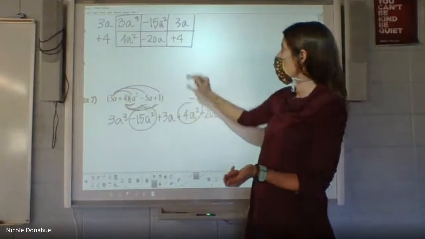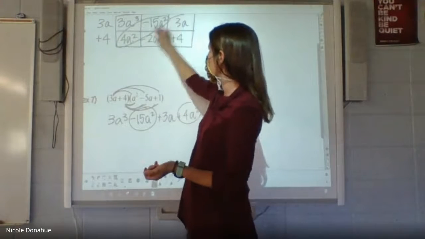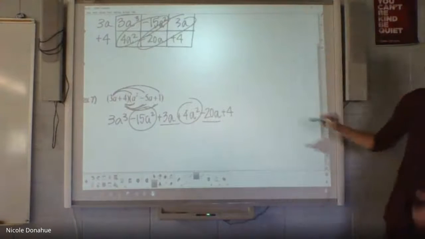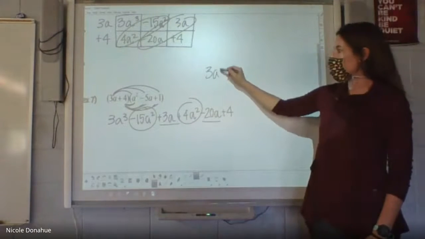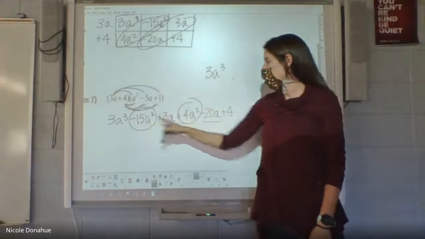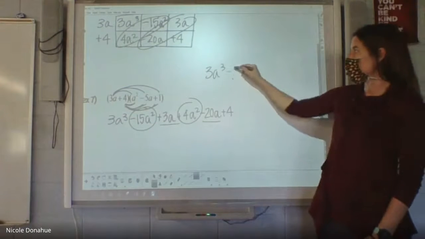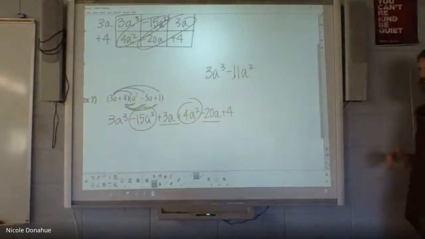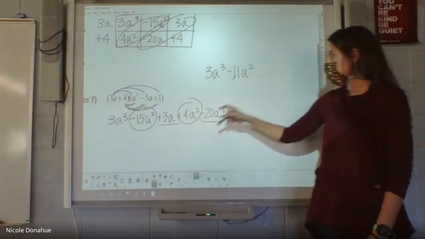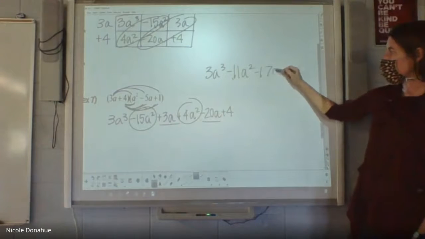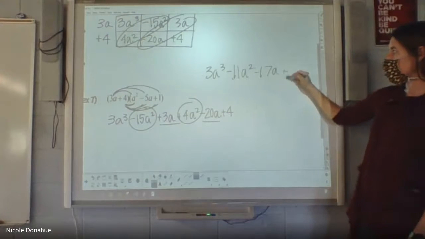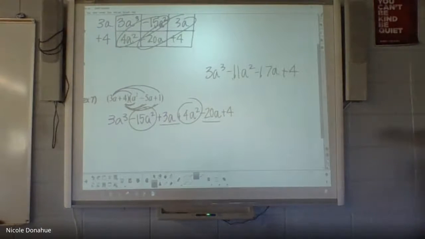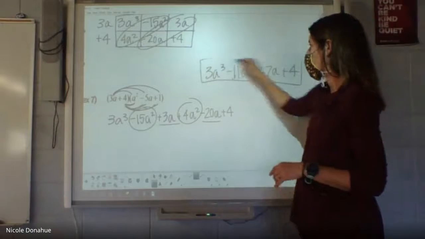Same thing up here. I have some like terms I can combine. So I get 3a to the third, so negative 15 of positive 4, so negative 11a squared, negative 17a, and then last is plus 4. So that would be our final answer in the standard form.